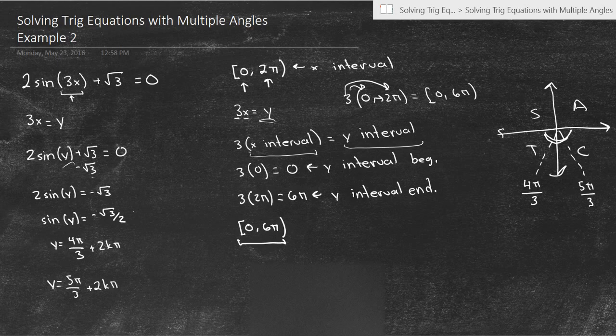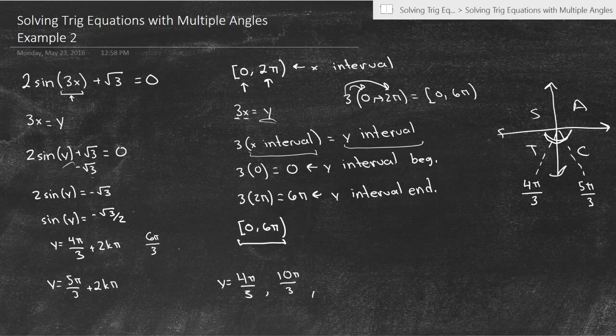And we have to make sure we get it from 0 to 6 pi. 2 pi is 6 pi over 3, so we're going to add 6 pi over 3. We have 4 pi over 3, then we get to 10 pi over 3, still less than our 6 pi.